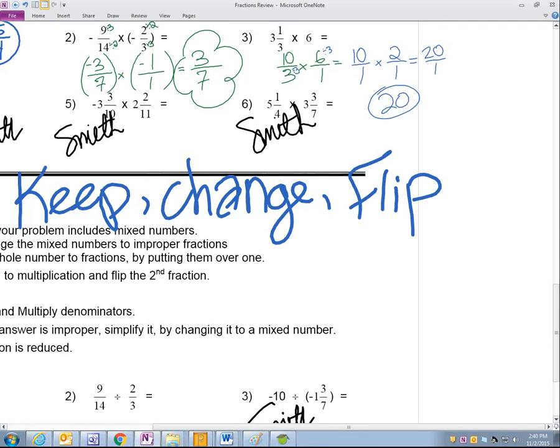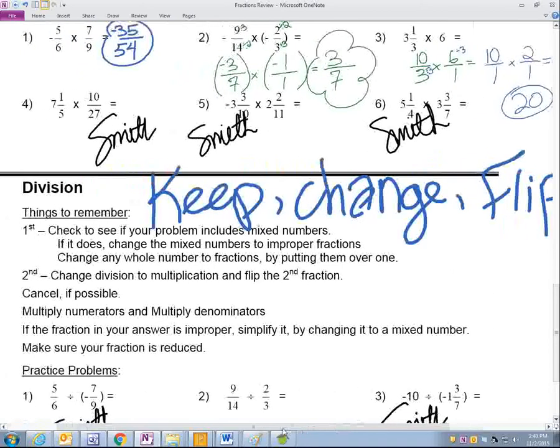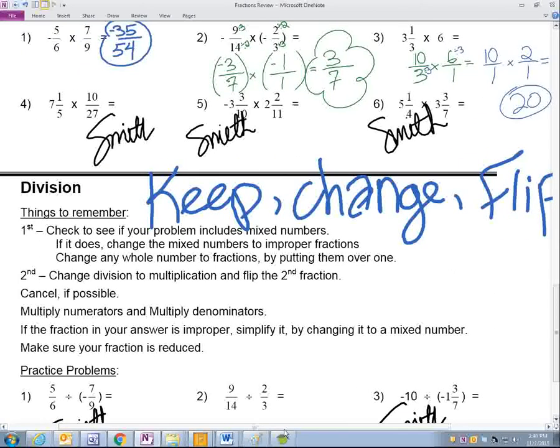So it's keep, change, flip, and then we just multiply the same way that we did multiplying fractions. And because it's just like multiplication, we're only going to do one example. I want you to smith everything but number 2, and we're going to do number 2 together.